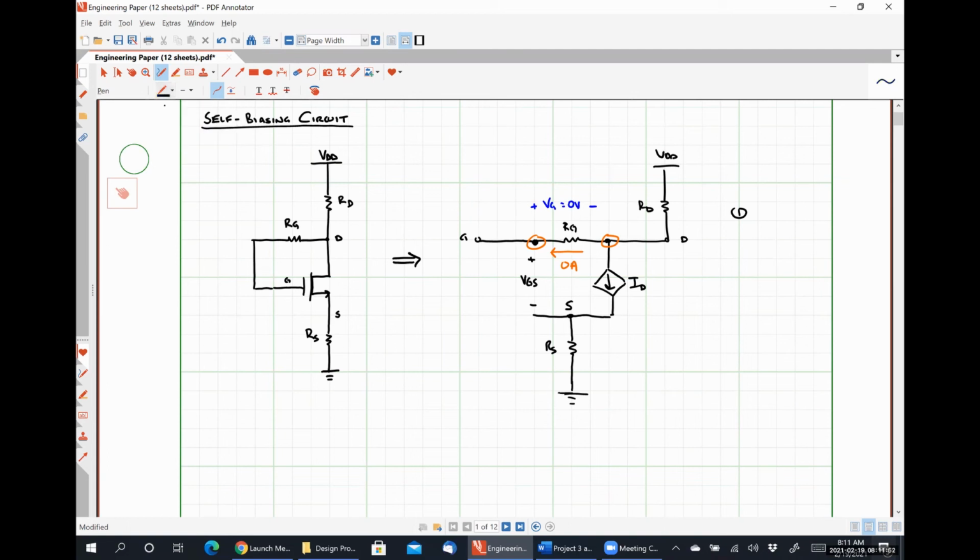That means that VGS is exactly equal to VDS. What does this imply about the operational state of the transistor? Is it always off, always in triode, or always in saturation?